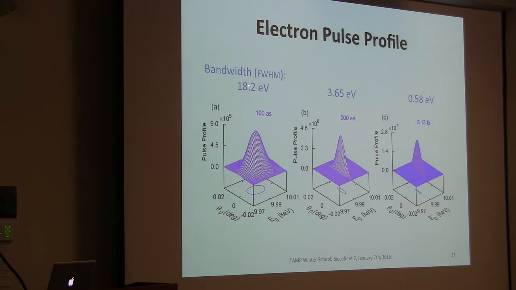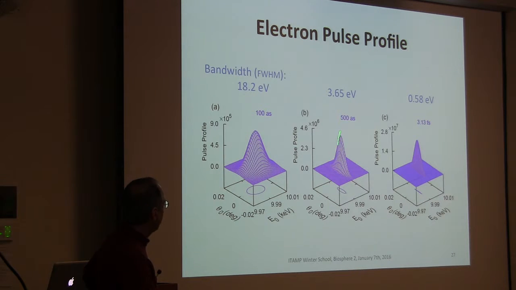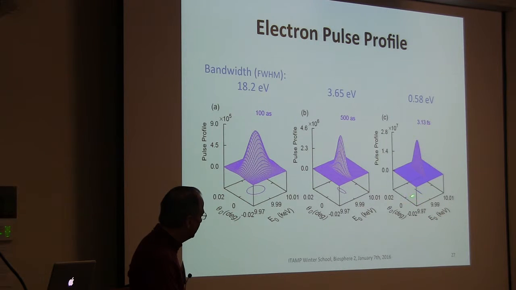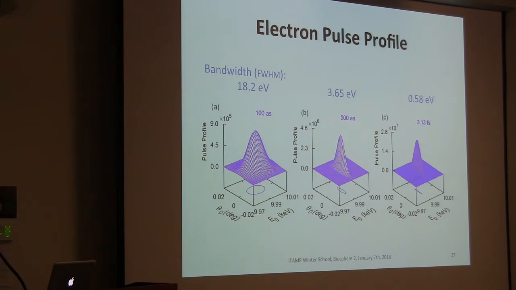For 100 attoseconds, the bandwidth is 18.2 eV. So that gives you this spread of energy in the incident electrons. For 3.65 eV bandwidth, you have a smaller spread. This is the projection on the lower plane. And for 0.5 eV, you have essentially monochromatic pulses. And that's what it looks like.